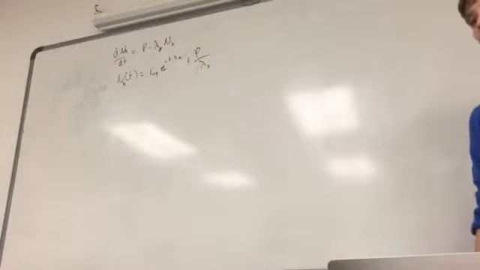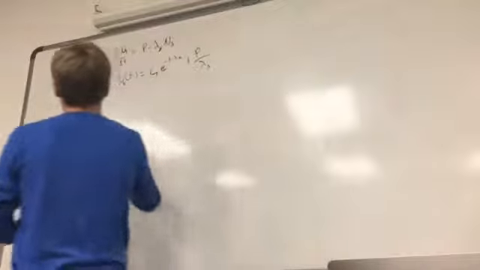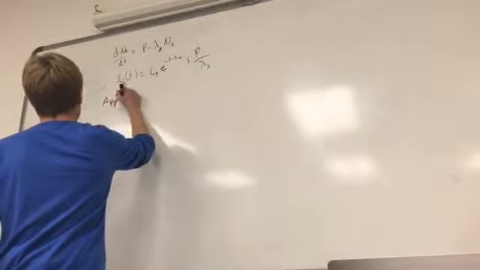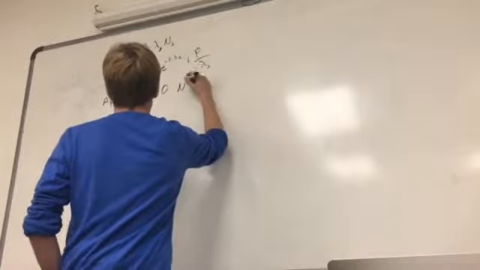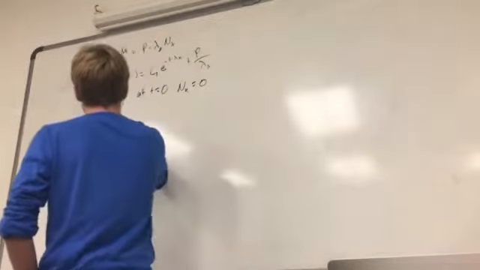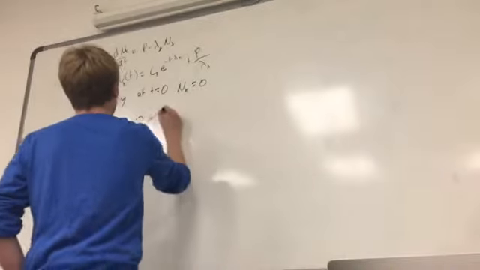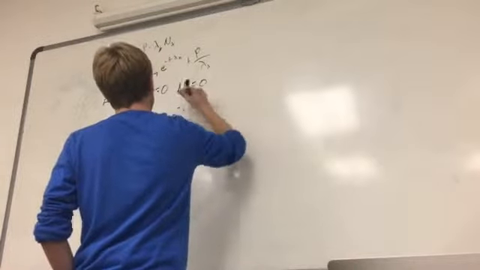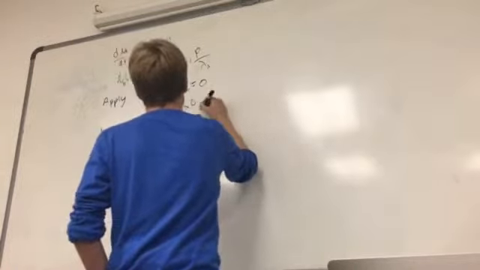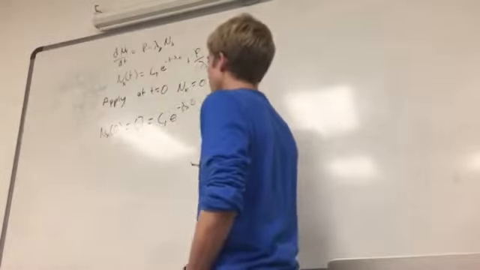The best one is always to say there's no population at time t equals 0. So we'll apply the condition that at t equals 0, n of x equals 0, and solve for C1.